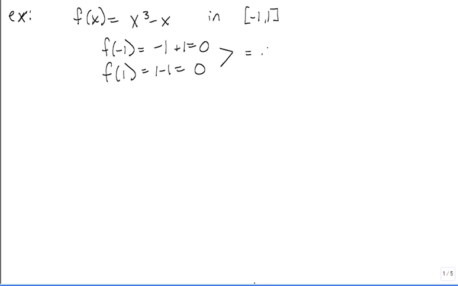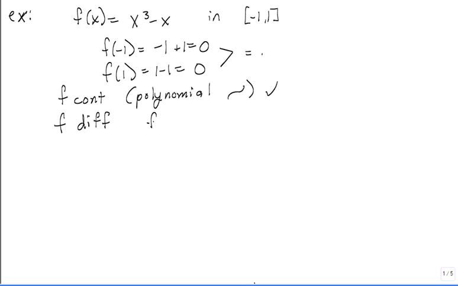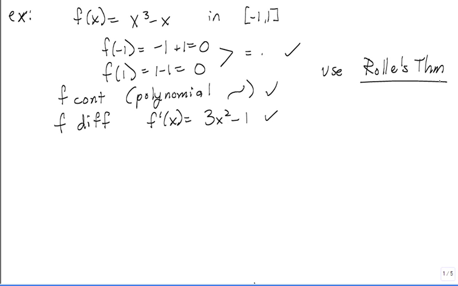So these two are equal. f is continuous because it's a polynomial, so it's continuous everywhere, and it's x cubed, it looks like that. And f is differentiable because you can take the derivative, and it's a nice and smooth curve. So all the conditions are met for Rolle's theorem, and it's really important that you go through the hypothesis for all your homework problems and check that.